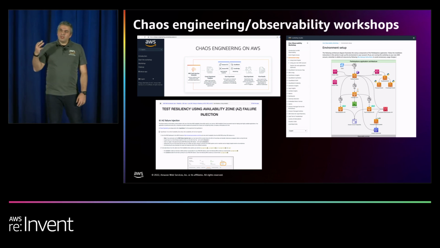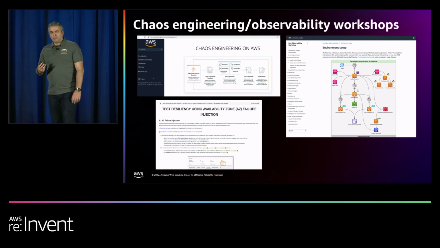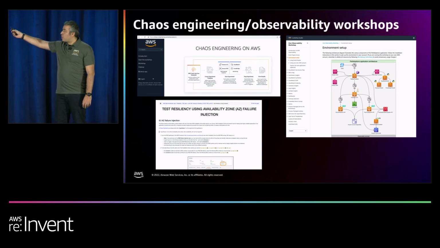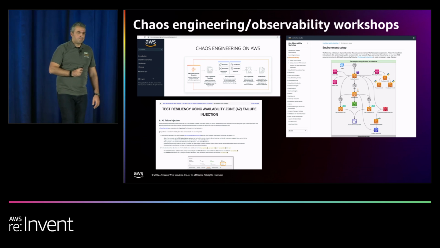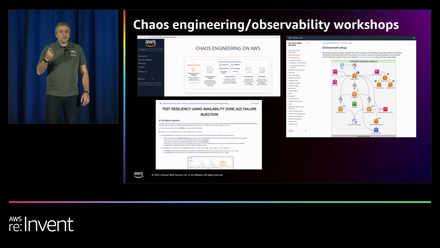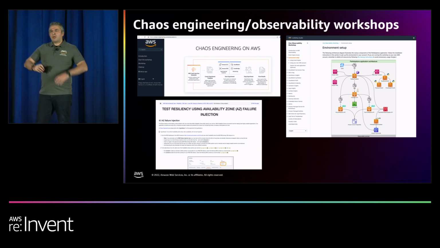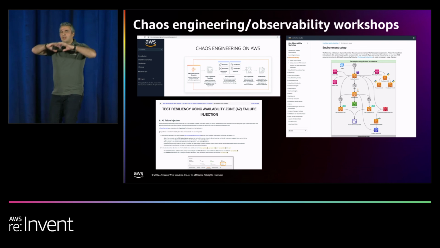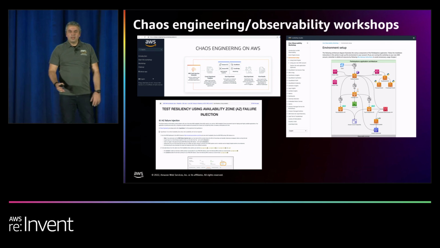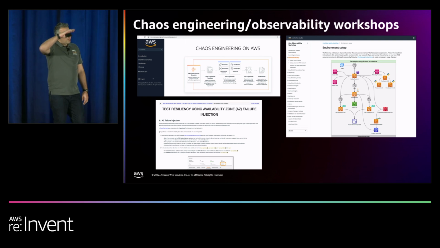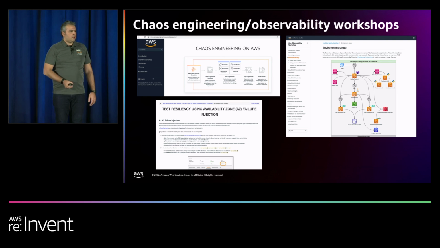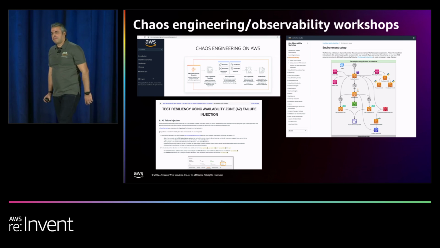But when I run through these workshops, what I usually do is I start with the observability one. And the reason I do that is because that workshop builds an entire system that provides me with everything in the stack of observability, and I have to do absolutely nothing to get it outside of pressing a button.